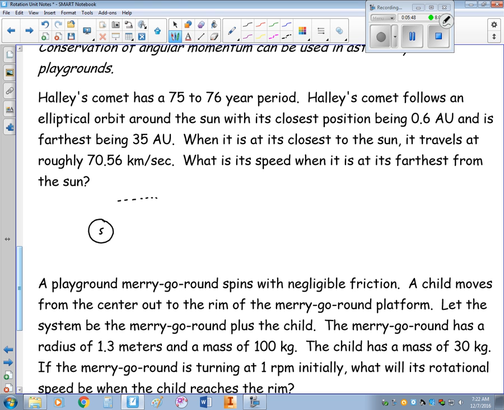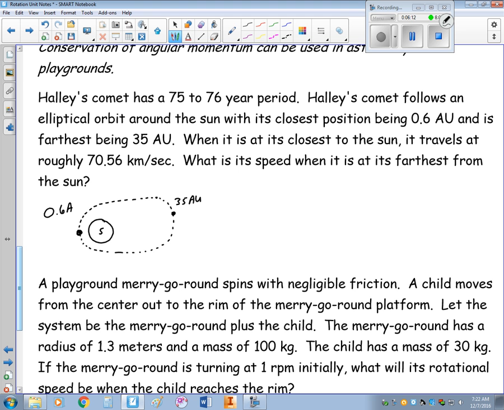It's elliptical, so it gets real close and gets really far away. When Halley's Comet's right here, it's 0.6 AU. When Halley's Comet's out here, it's 35 AU.